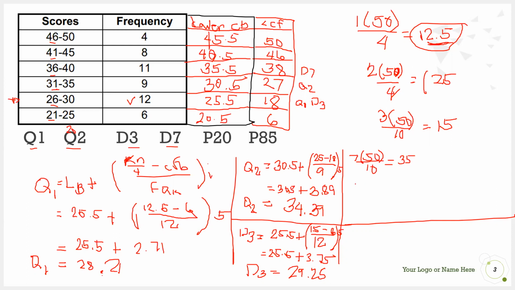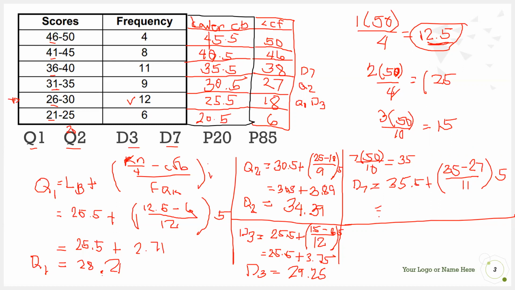Okay? So D7, let's solve for D7. Ano lower boundary ng D7? 35.5. Correct. That's 35.5 plus quantity, 35 yung kailangan natin. Ano yung nasa baba ng D7? 27. That's correct. Ano ang frequency ng D7? 11. Times 5. So, solve lang natin yan.